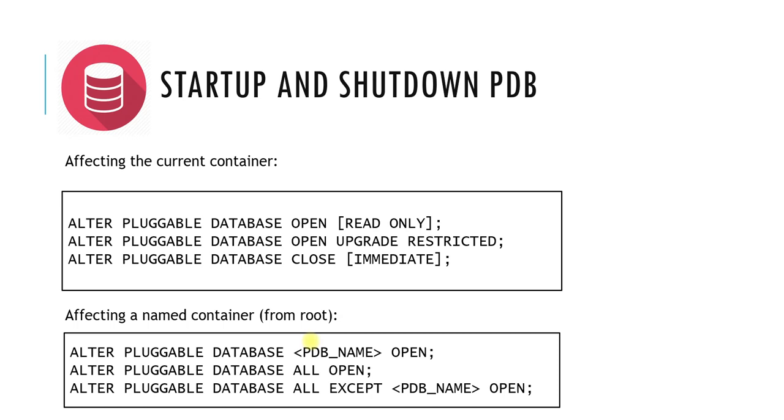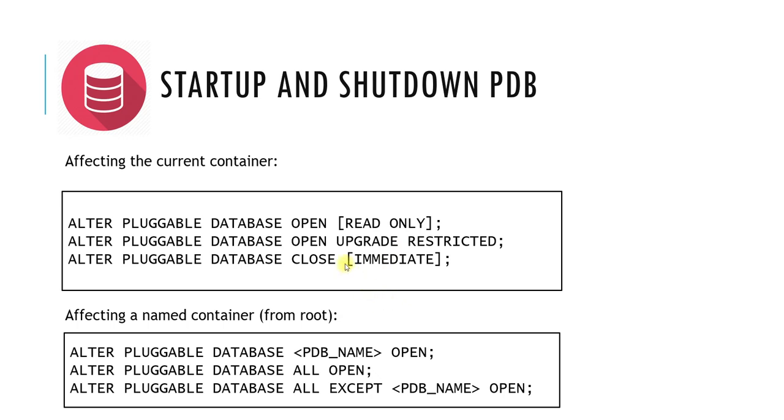If you want to start up and shut down the PDB, what do you do? As we already discussed in the table, if you want to put the database in read-only mode, you will say alter pluggable database open read only.